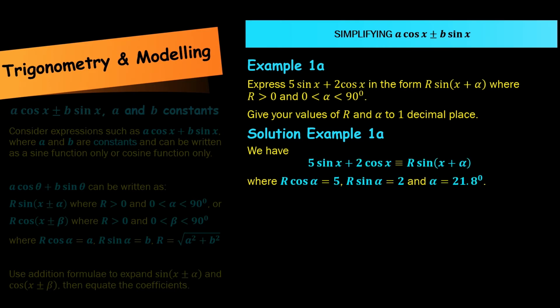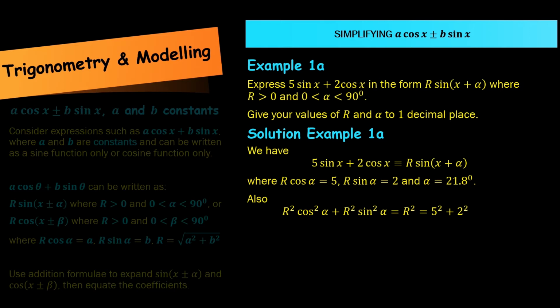Let's now gather the key information from the previous slide, as shown here. We're going to use this information to find the value of r. If we square r cos alpha, we have r squared cos squared alpha. If we square r sin alpha, we have r squared sin squared alpha.